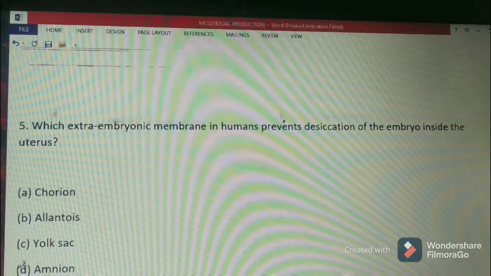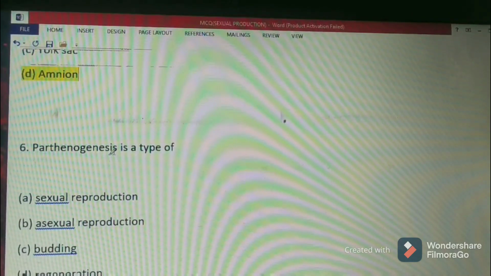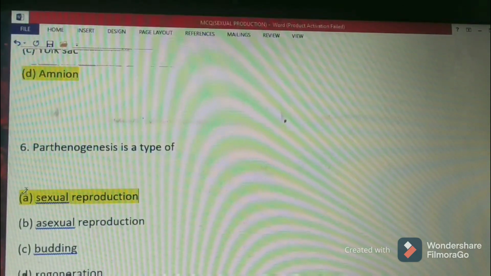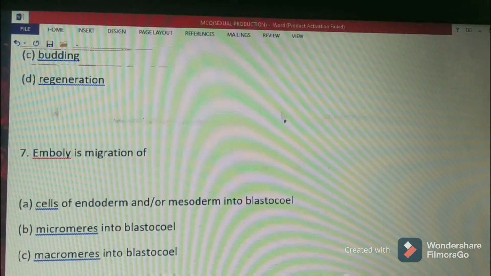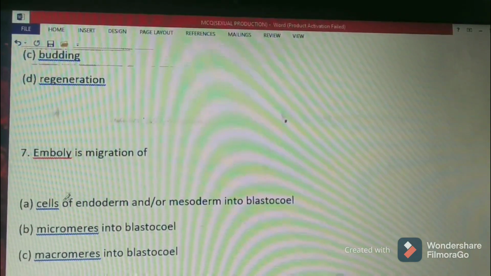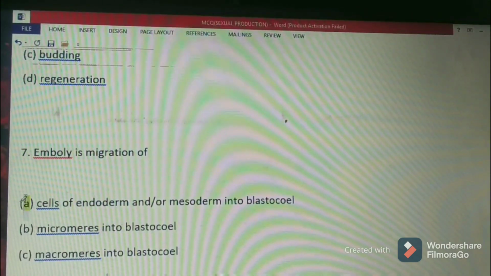Amnion. Parthenogenesis is a type of asexual reproduction. Emboly is a migration of cells of endoderm or mesoderm into the blastocoel.